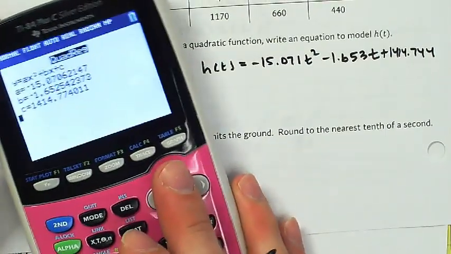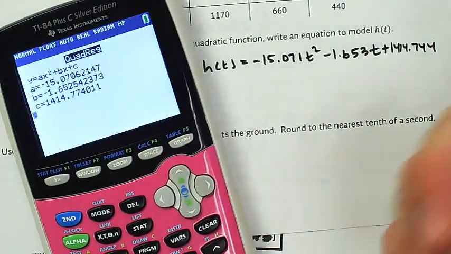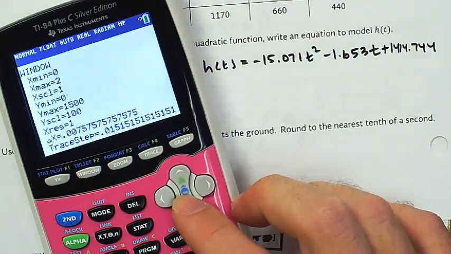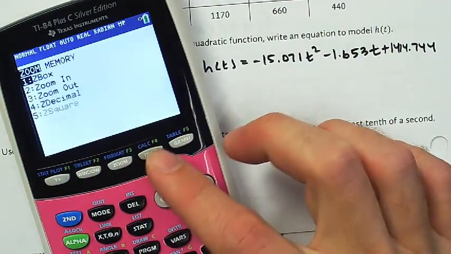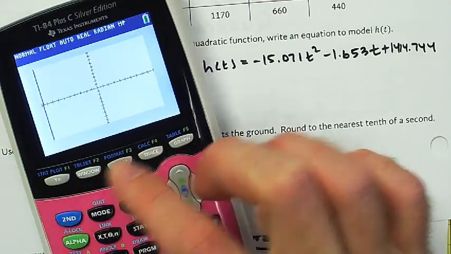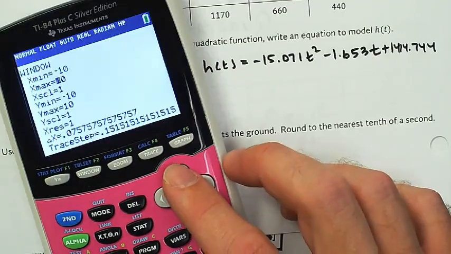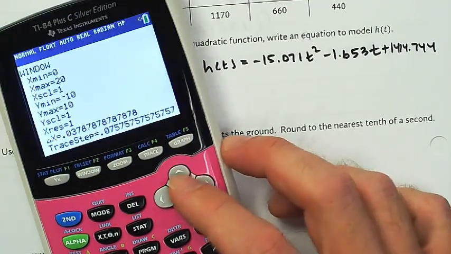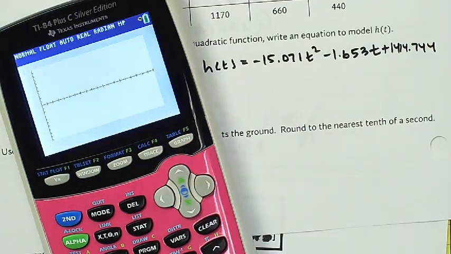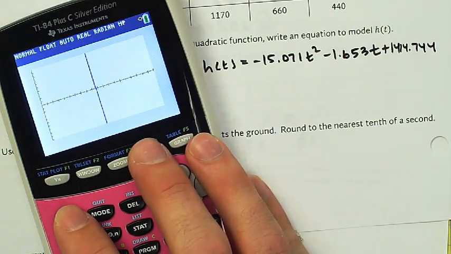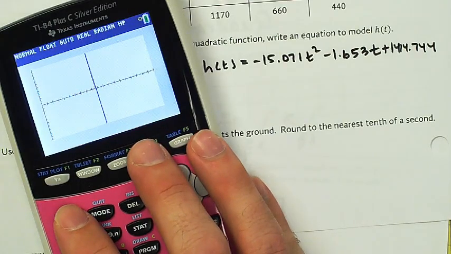And then use the model to predict the time when the object hits the ground. We're going to graph this and see when it goes 0, but maybe on the window I'm going to zoom standard, and then adjust from there. Okay, I remember last time it was very close to 10, so I might just go 0 to 20 this time instead. Okay, I've got it. Let it finish graphing, even though it's graphing off the screen.